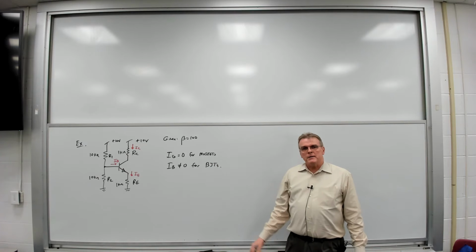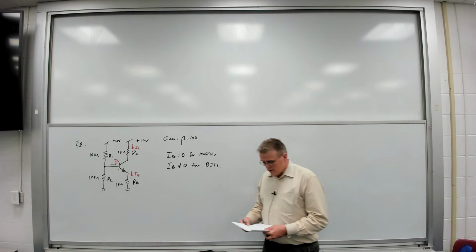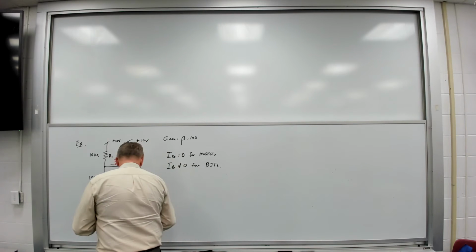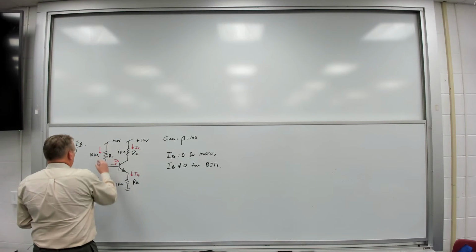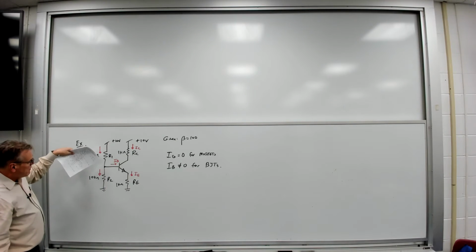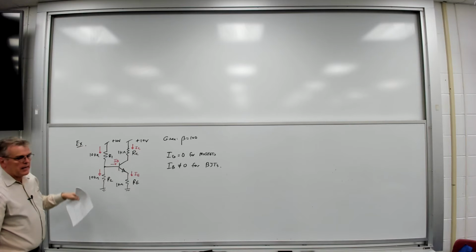So let's go through and write the equations and solve for this. I'm going to write a KCL equation for that base. This current will equal that current plus that current.